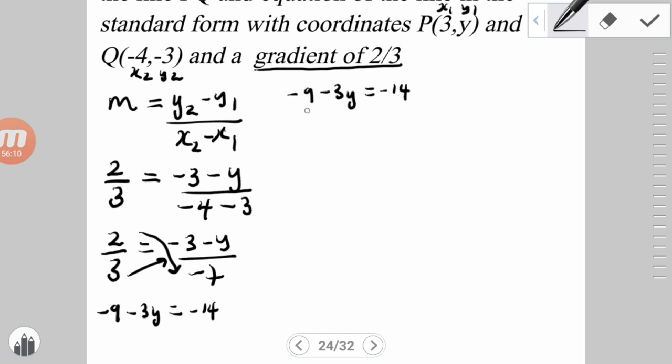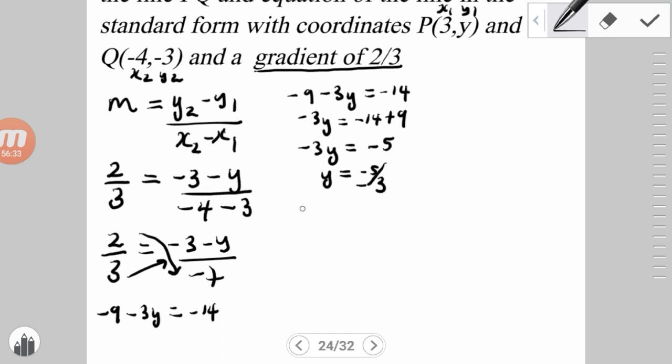If we transpose the -9, we'll end up with -3y being equal to -14 plus 9. This will work out to be -3y is equal to -5. And so y is equal to -5 divided by -3, which is y equal to 5/3.